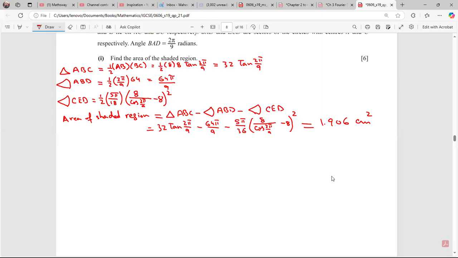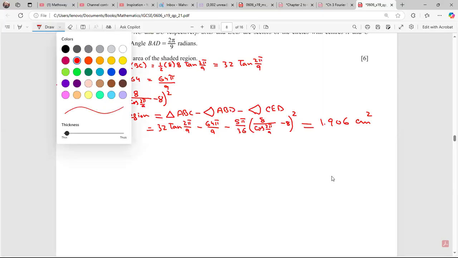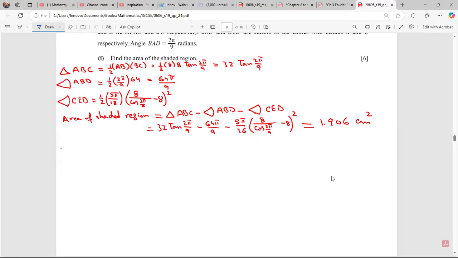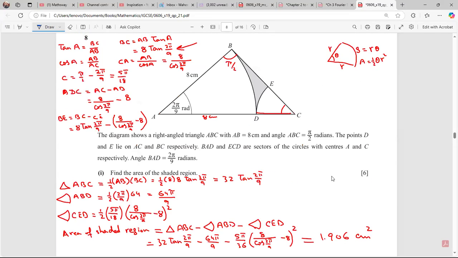So now I will do part 2, and for part 2 let me change the color. You see now the perimeter of the shaded region has 3 sections: 2 are the arcs and 1 is BE.